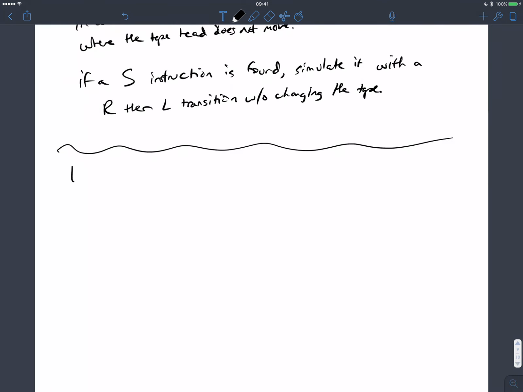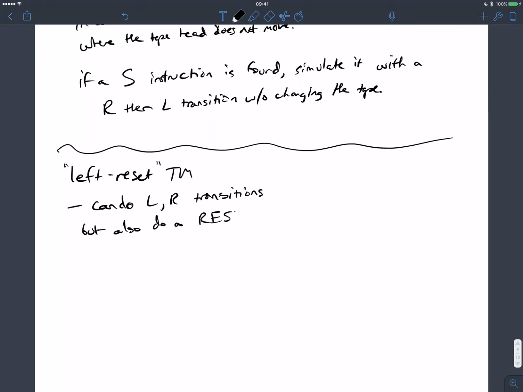So I'm going to define a left reset TM to be a machine that can do left-right transitions as normal, but also do a reset transition where the tape head instantly moves to the leftmost tape cell.